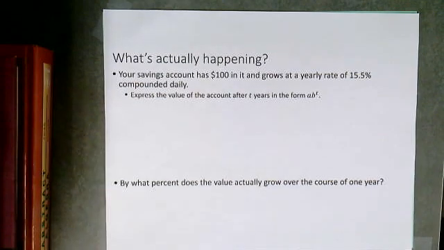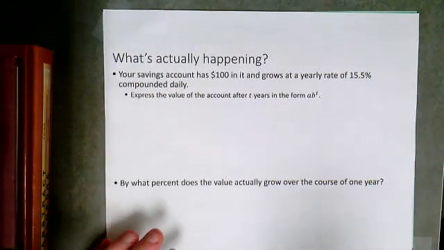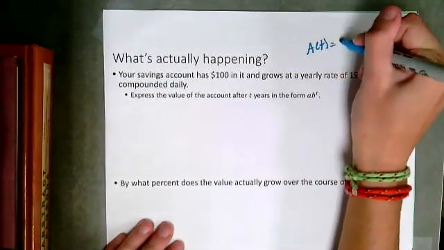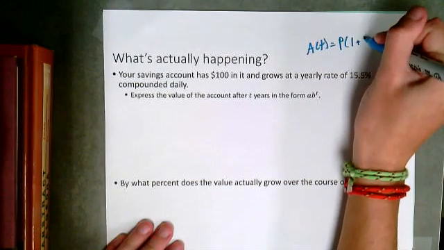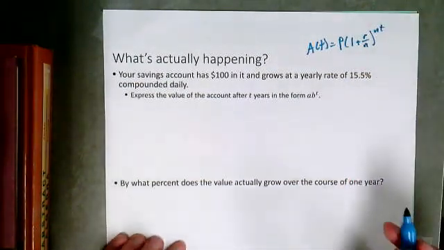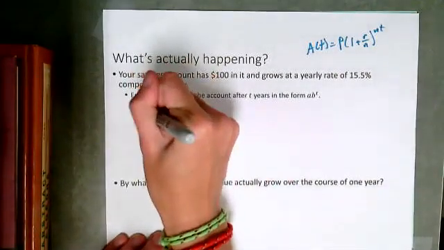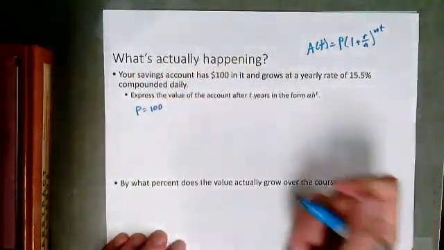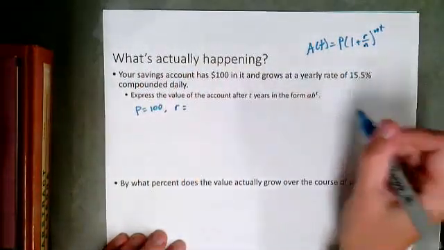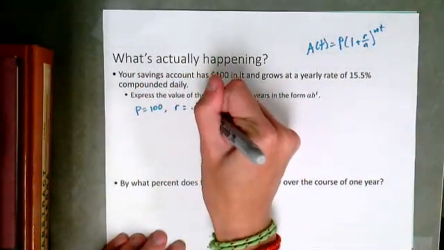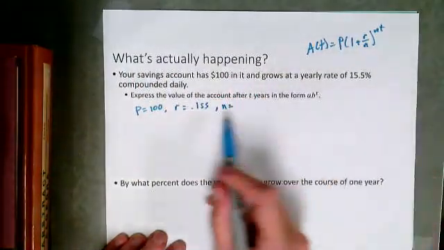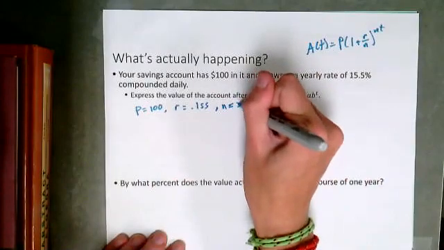Well, let's go back to this first. The P value is going to be 100. That's how much we started with. Our rate is 15.5% or 0.155. And then our n is going to be 365, since it's compounded daily.